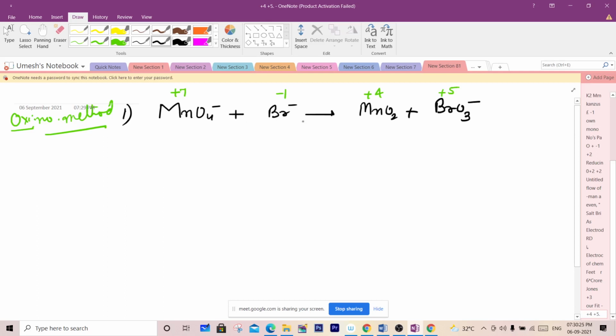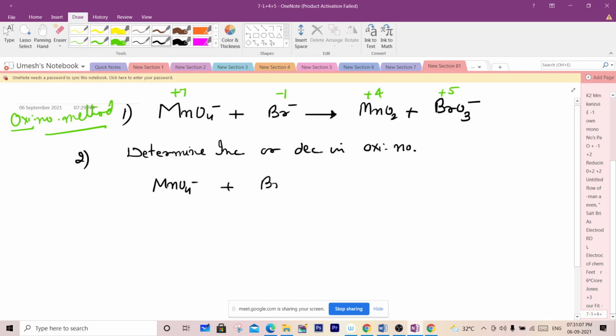First step is the equation that you are given, write oxidation number of every element at its top. Second step, determine increase or decrease in oxidation number.